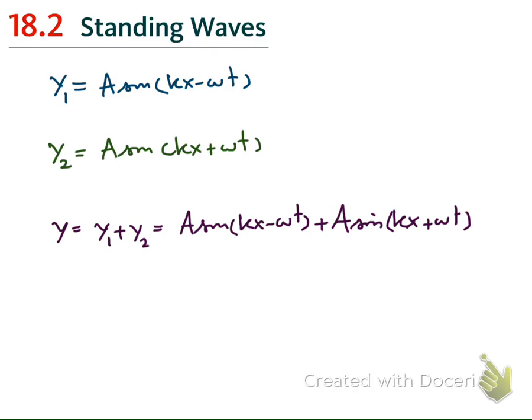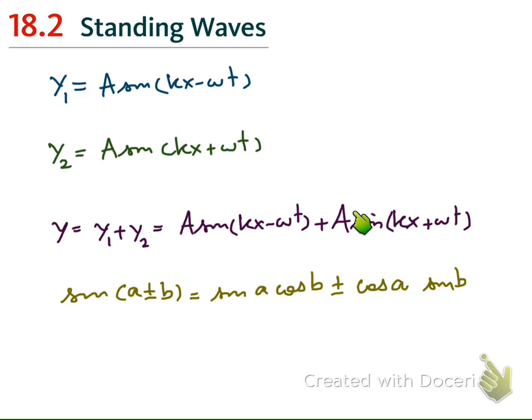And using the trigonometric identity, sine of a plus or minus b is equal to sine a cos b plus or minus cos a sine b, we apply this identity to the first and the second term.